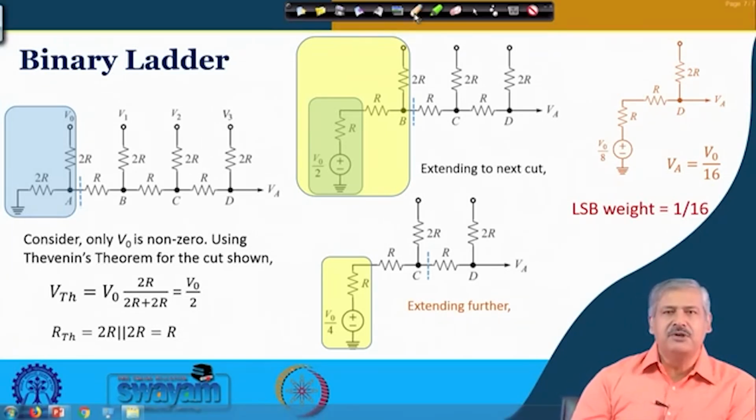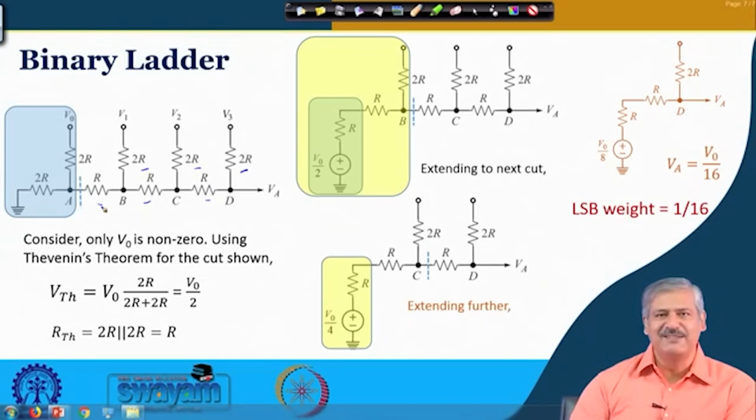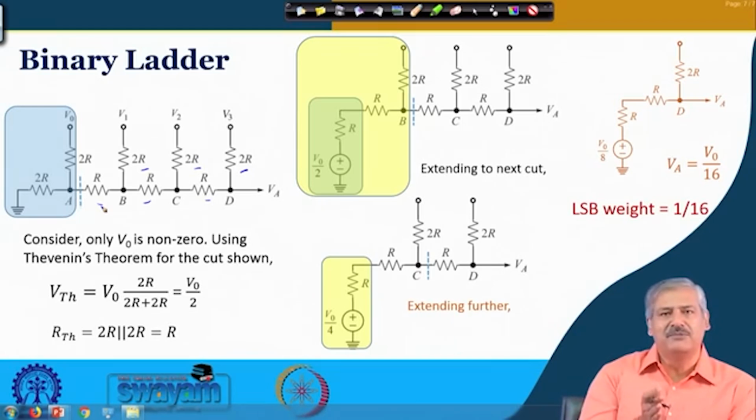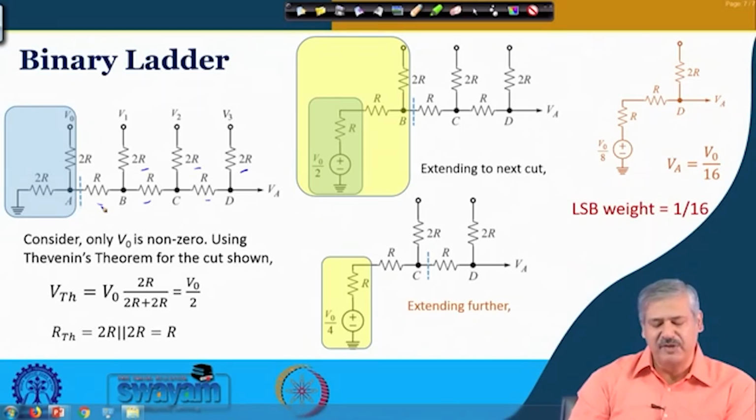So, what you see, this is a 2R, then R, 2R, R, 2R, R. This is the way it has been arranged. Okay. So, there is no such thing like R naught by 2, R naught by 4, R naught by 8 and so on and so forth, which becomes a bit difficult. So, it is all of a particular type, either 2R or R, and it is terminating here with 2R.